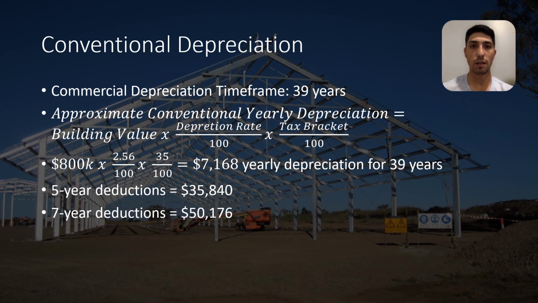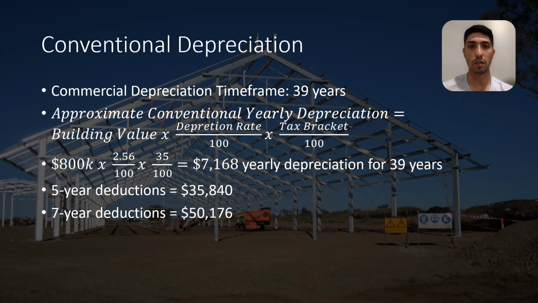Okay, so let's use the background info that we just gathered to run through a conventional depreciation example. Remember, we subtracted out the land value and got $800,000 to start for the building value. Then using the 2.56% depreciation rate and your tax rate of 35%, we can calculate out our deductions.